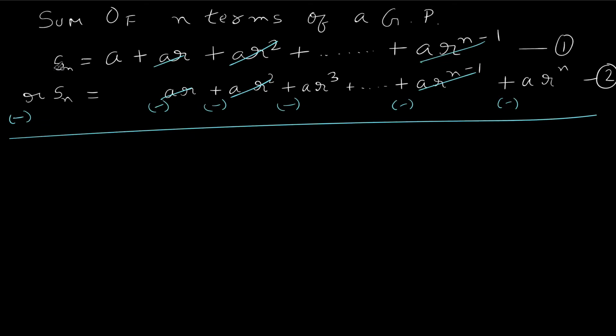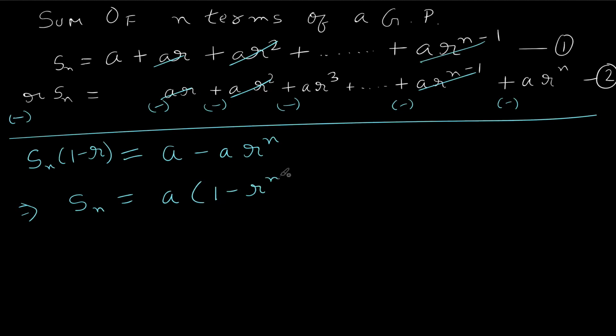So in the end, on the left hand side you have Sn minus r Sn, that is Sn times 1 minus r, and on the right hand side you have a left here. So a minus 0 will be a, and the only term that will be left is this last term. So a minus ar to the power n. Therefore from here you can write the expression of Sn as, if you take a common, a multiplied by 1 minus r to the power n divided by 1 minus r.